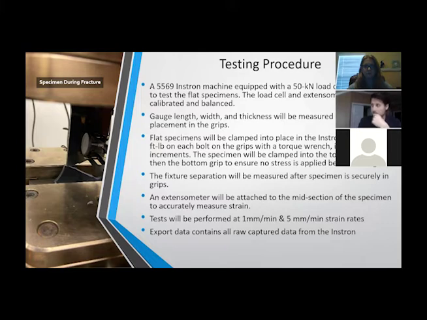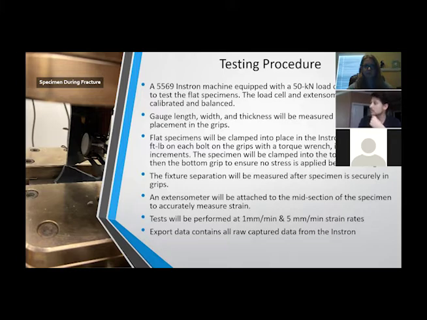Then this is torqued in using the torque wrench to 40 foot-pounds on each bolt, in 10 foot-pound increments, with the top grip first and then the bottom grip, because it is possible and unavoidable for the grips to shift somewhat while tightening.